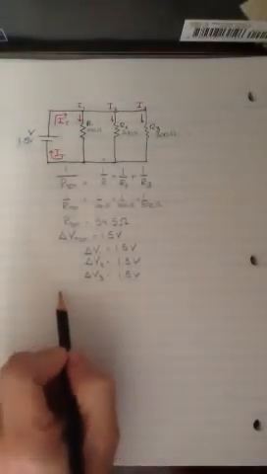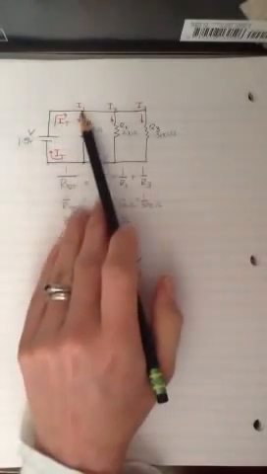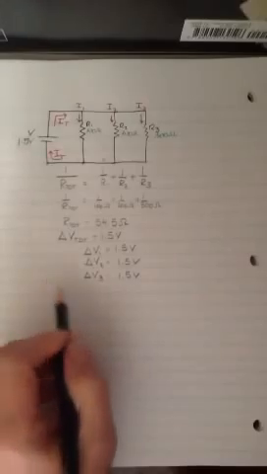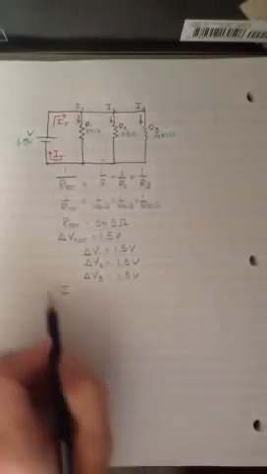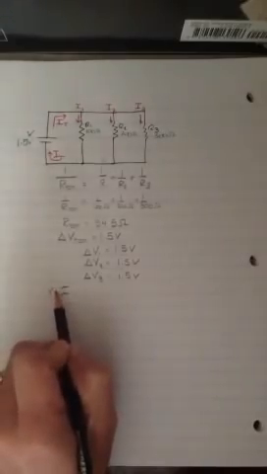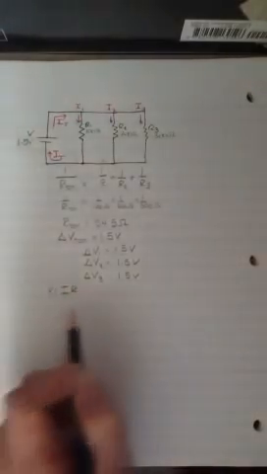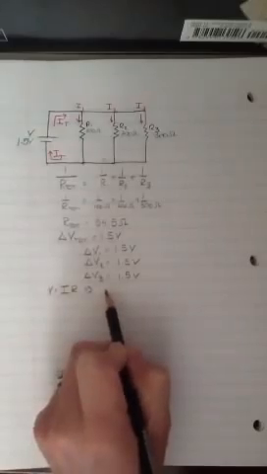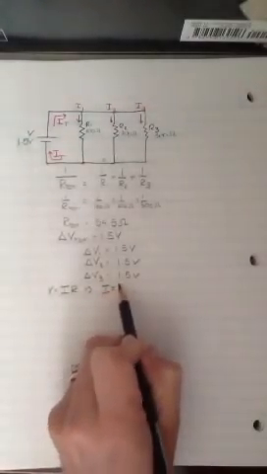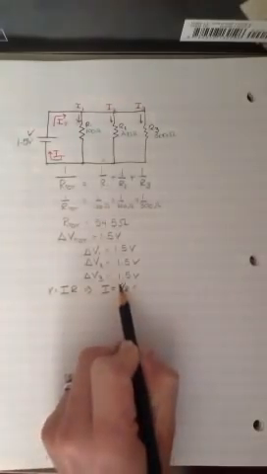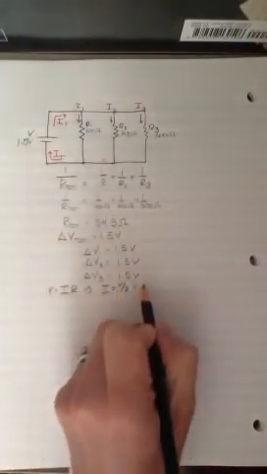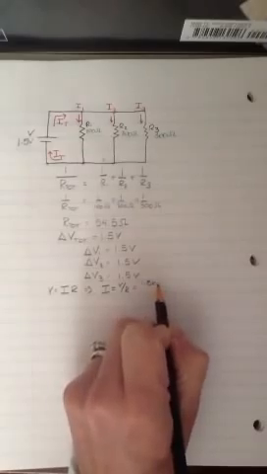So the current, let's now find the total current. Recall Ohm's law, solving for I. The voltage drop for the battery, 1.5 volts.